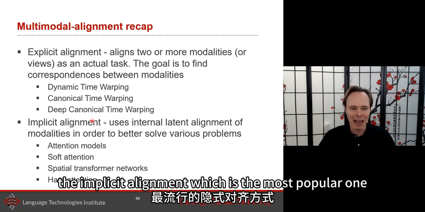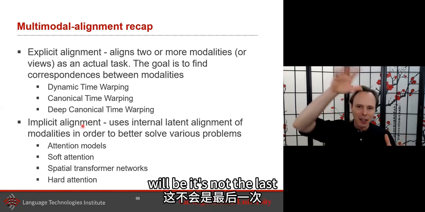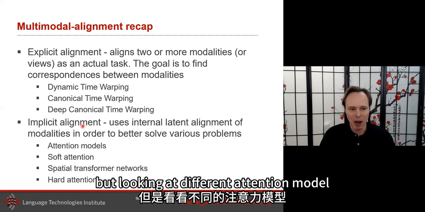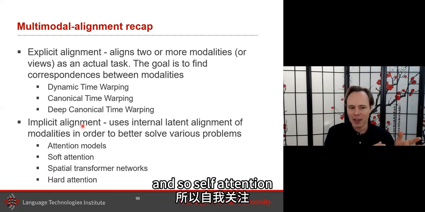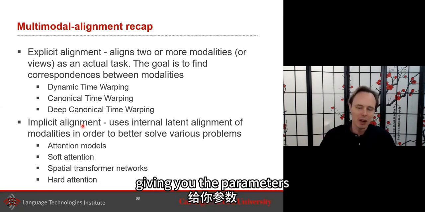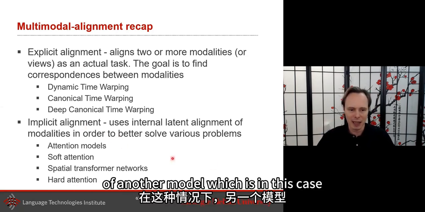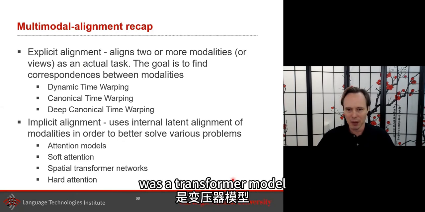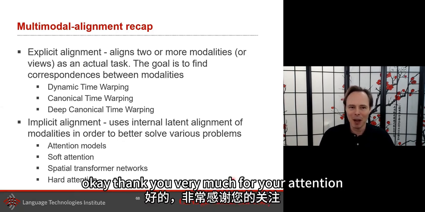The implicit alignment, which is the most popular one, is not the loss, but looking at different attention models. So soft attention, hard attention, and also a different view on where the attention is giving you the parameters of another model, which in this case was a transformer model. Okay, thank you very much for your attention.